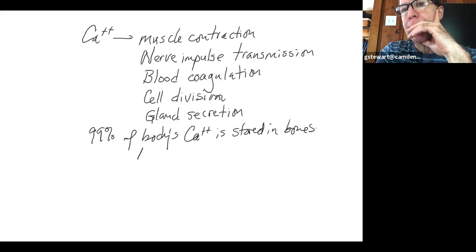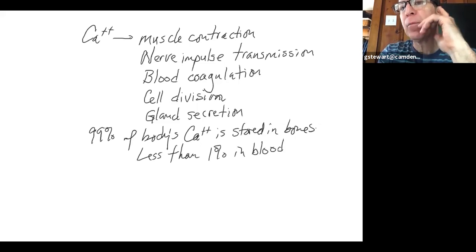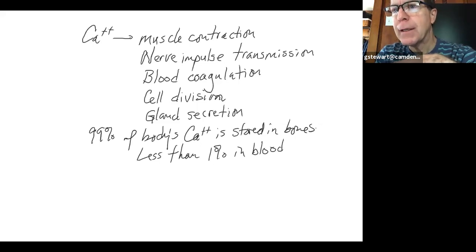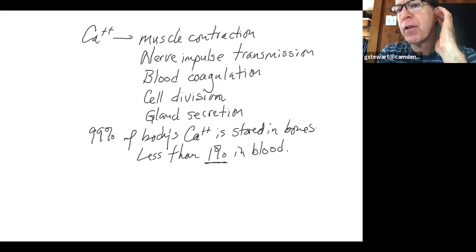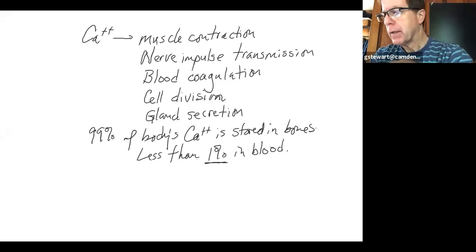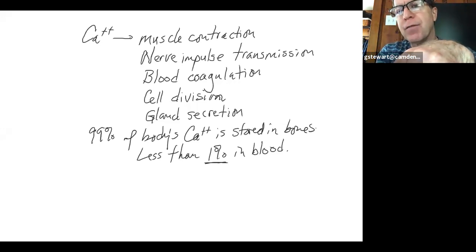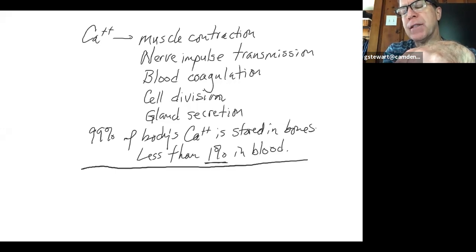I'm going to just say less than 1% is in the blood. But this 1%, it's not a lot of calcium, but that level is very strictly regulated by the body.